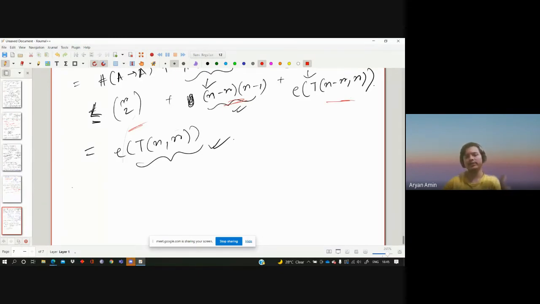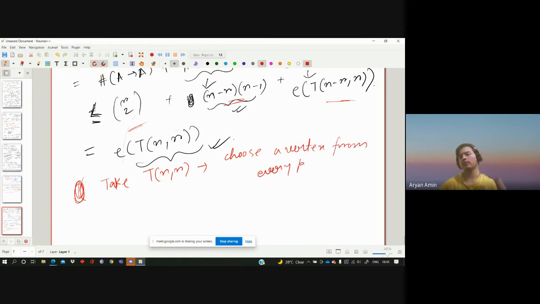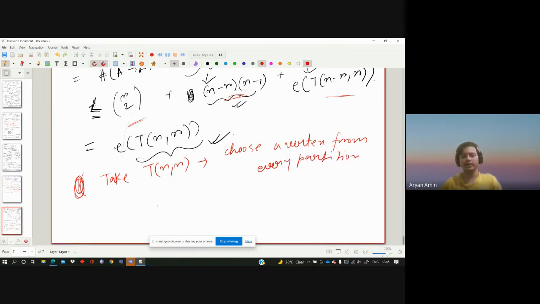So how to see this: take t(n, r), right? Choose a vertex from every partition. These vertices form an r clique, right?